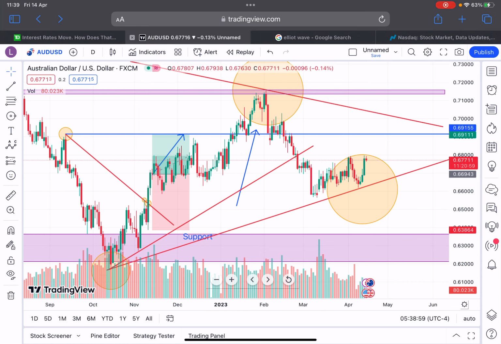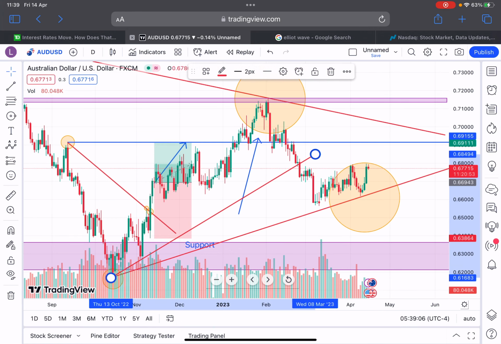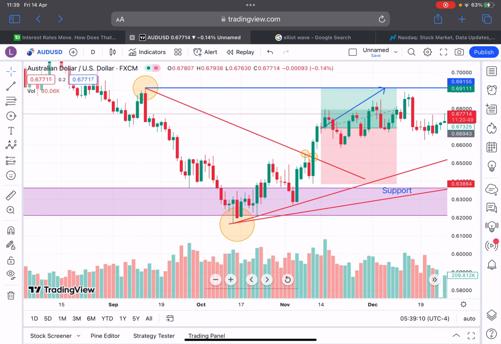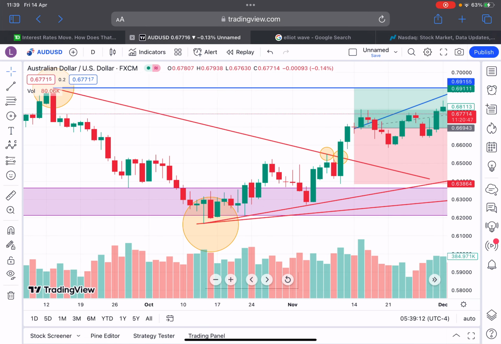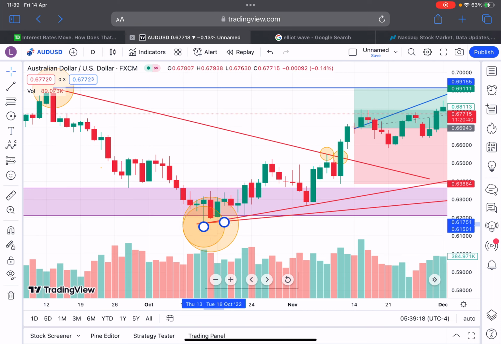This is what we have now. Let me zoom in. We have our touch 1 right here and our touch 2 right here.